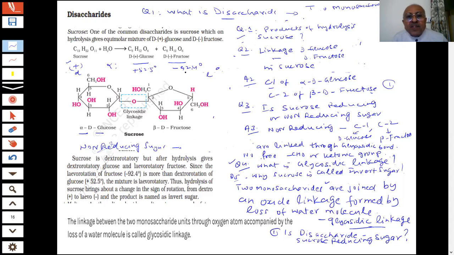What will be the sum of the two? The sign of rotation will become negative in the polarimeter. From positive sign to negative sign means inversion. That is why it is called invert sugar, because the sign of rotation changes on hydrolysis. Okay? All the questions answered.